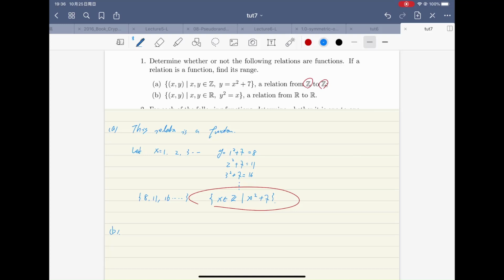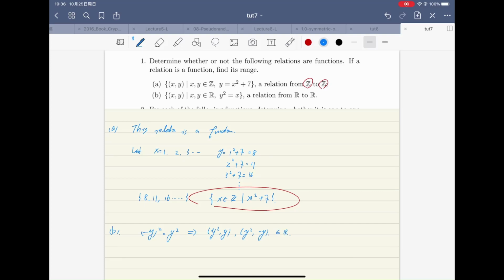Why? Because for every y not equal to 0, we have something like (negative y) squared equals y squared, right? Which implies that y squared maps to y and y squared maps to negative y. Both belong to the real numbers.